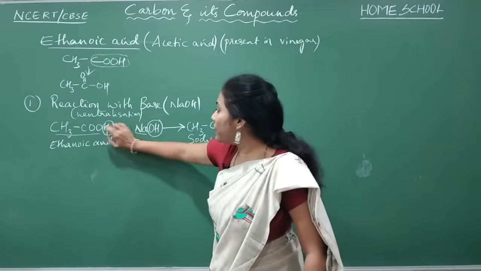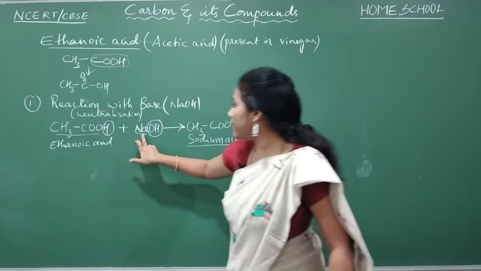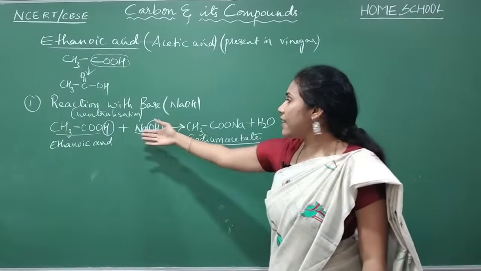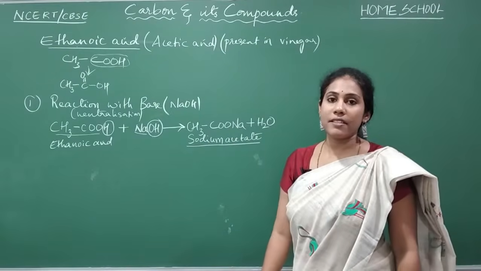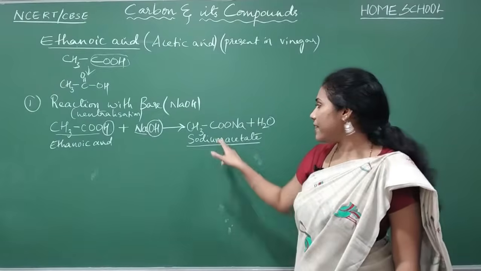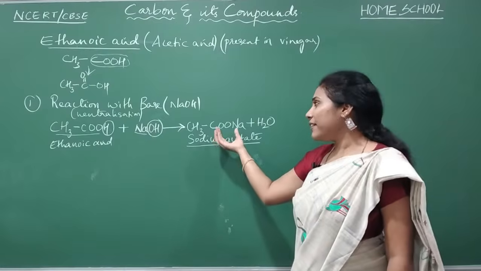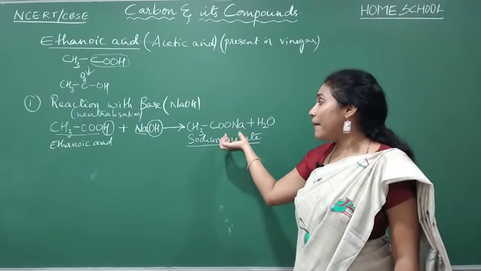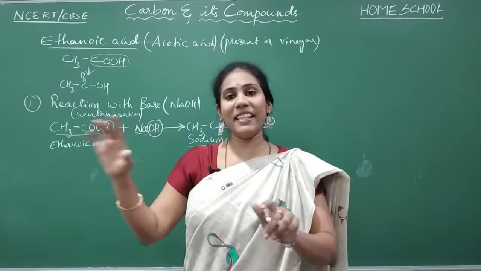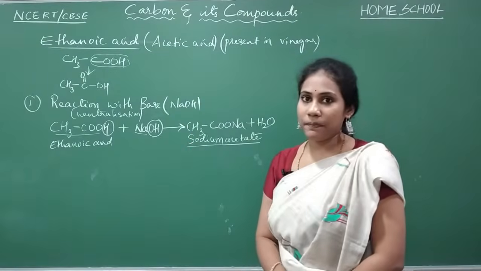So when you remove this and this, the rest of the thing you are joining, this part with this part, so you are getting the product. There is nothing to learn by heart. Understand the logic and write the products. But you have to remember the name of this compound. What is the name? Sodium acetate. Okay, these are complicated molecules. About their names you are not studying at this level. You will study it in higher classes. Okay, fine. So this is one reaction.